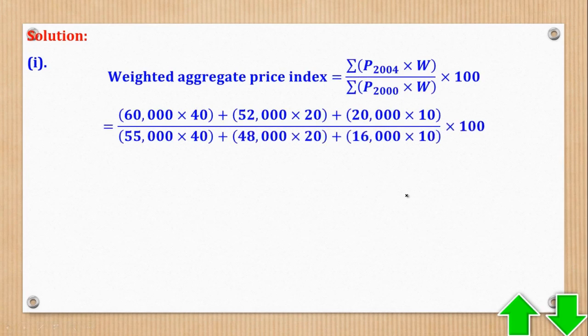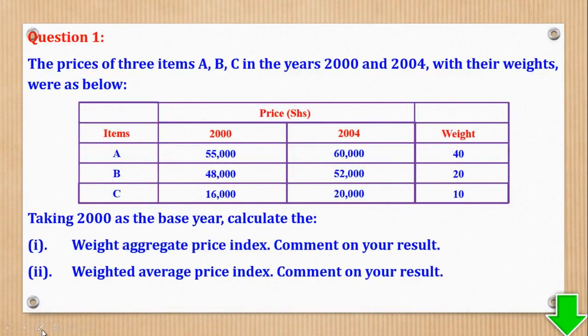For example, if you look at this, 60,000 has a weight of 40, 52,000 has a weight of 20, 20,000 has a weight of 10. That is the numerator. For the denominator, we use the base year prices. So 55,000 has a weight of 40, 48,000 has a weight of 20, and 16,000 has a weight of 10.